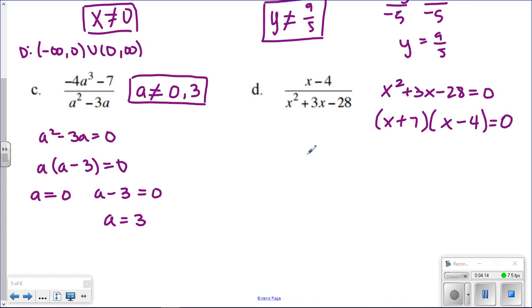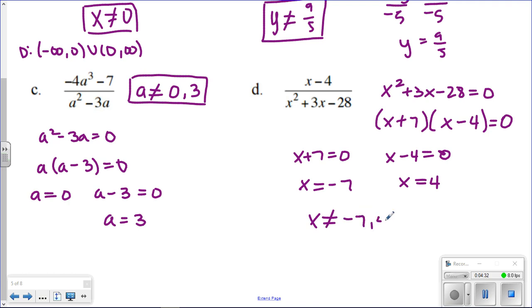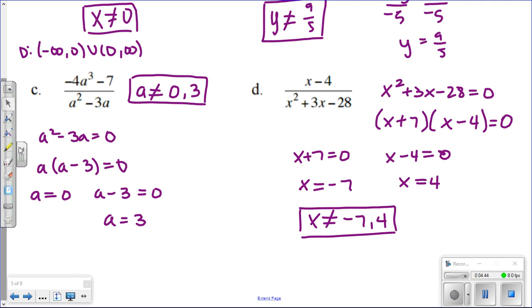Then I can take these two and set them equal to 0, and solve for x in both cases. So x equals negative 7, x equals 4. So I have two answers. X cannot equal negative 7 or positive 4. Essentially, any of these values, if I substitute it, will give me a 0 in the denominator, and I can't have a 0 in the denominator because I can't divide by 0.